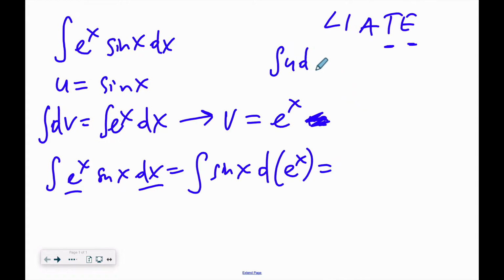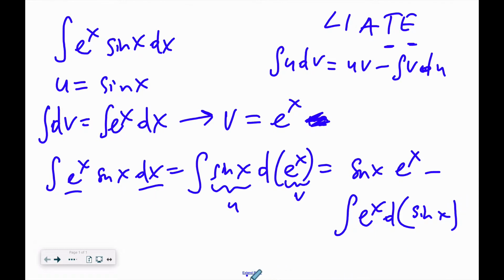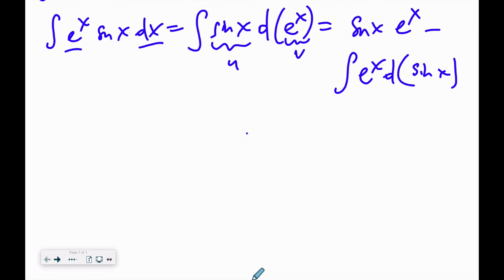Let me rewrite it again. The integral of u dv is equal to u times v minus the integral of v du. So this is u here and this is v. So it becomes sin x times e^x minus the integral of e^x d of u, which is sin x.